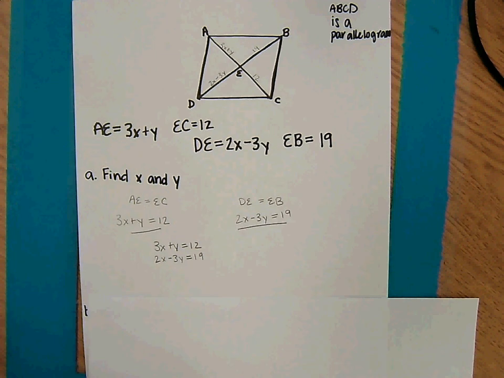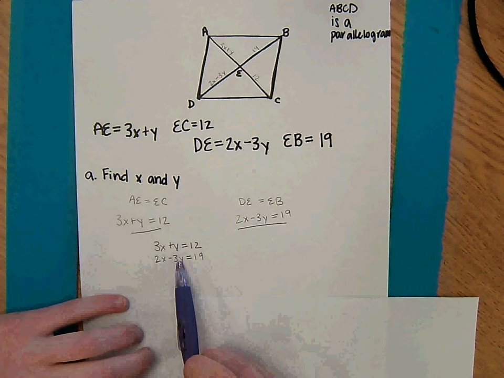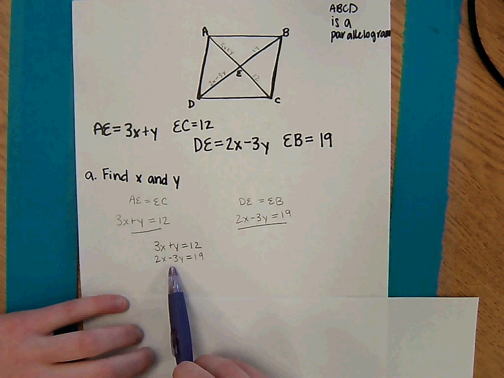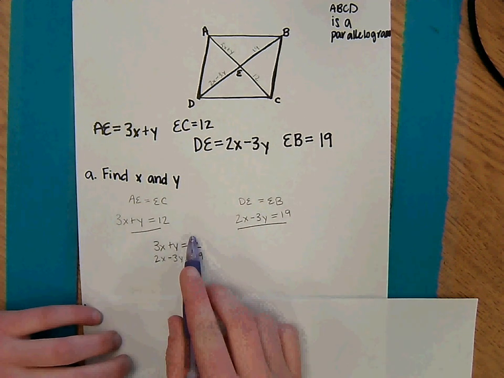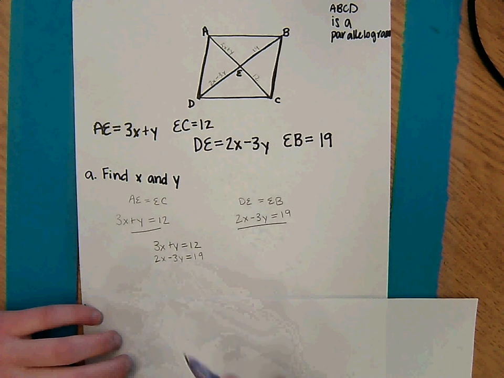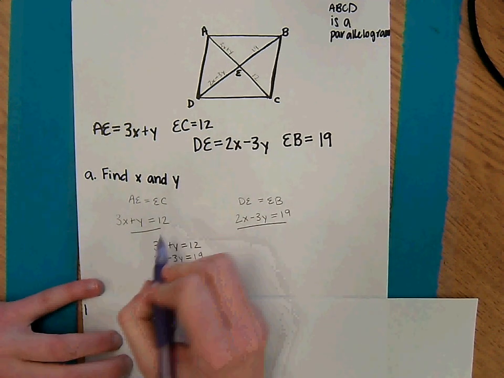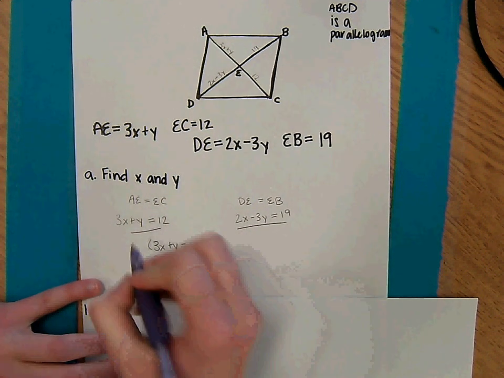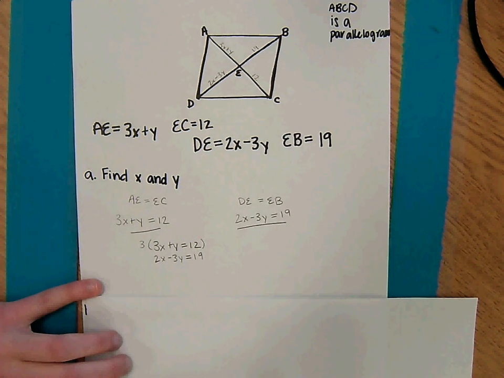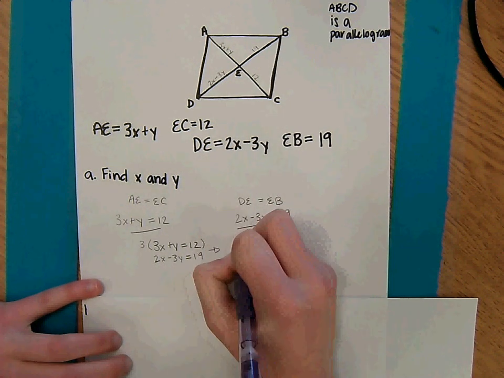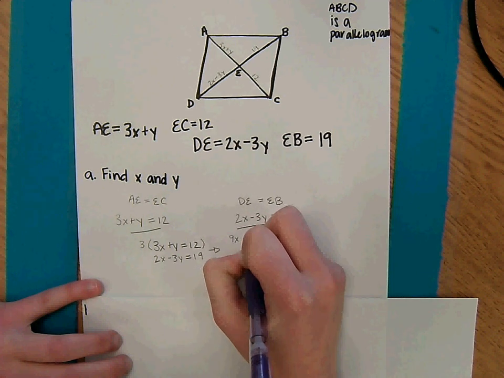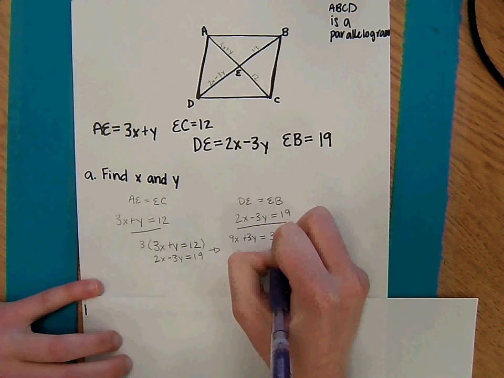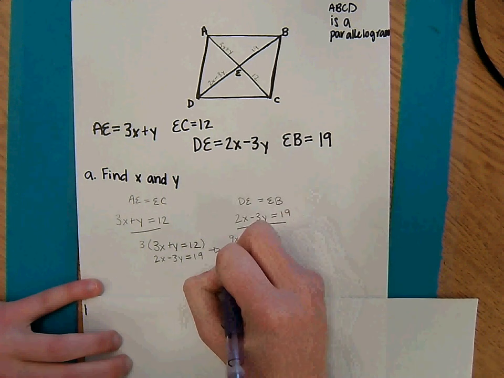Right now I see that the y's have different signs, which would be easy because you add them together. So to cancel out the y's, I'm going to multiply this whole thing by 3. And so then that becomes 9x plus 3y equals 36, and the other one stays the exact same.